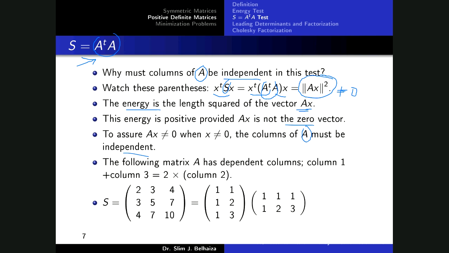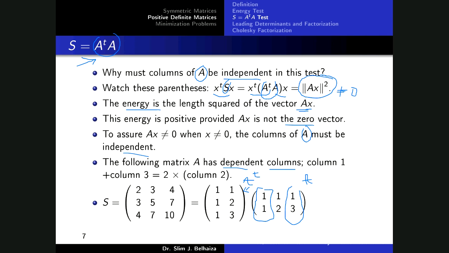So for example, if you take the following matrix S, which is written here as the product A^T times A, this is A^T here, I'm pointing to it, and this is A. One can notice that this matrix S is written as A^T times A, but A has dependent columns. How come A has dependent columns? Well, if you take column 1 plus column 3, what do you get? You get 2 up and 4 down.